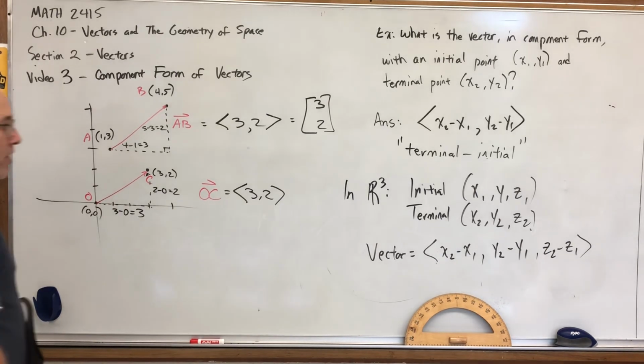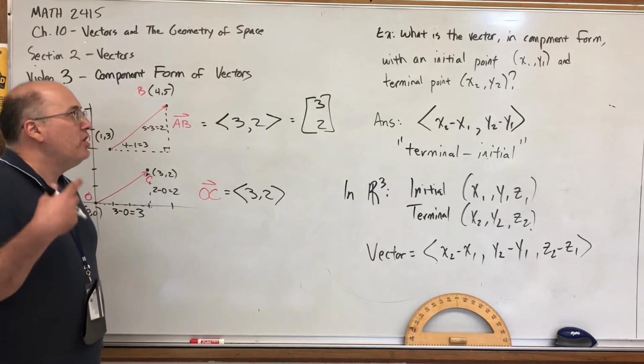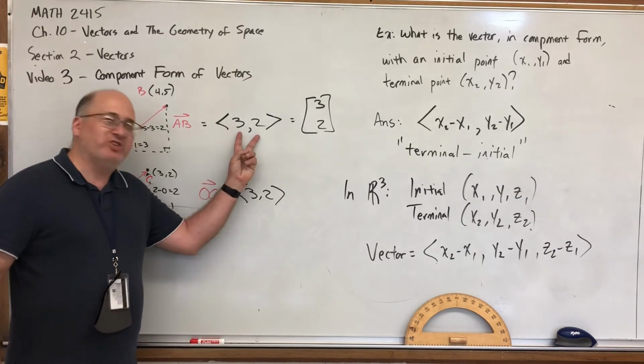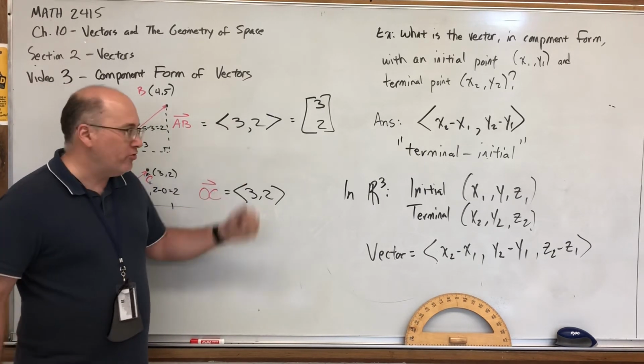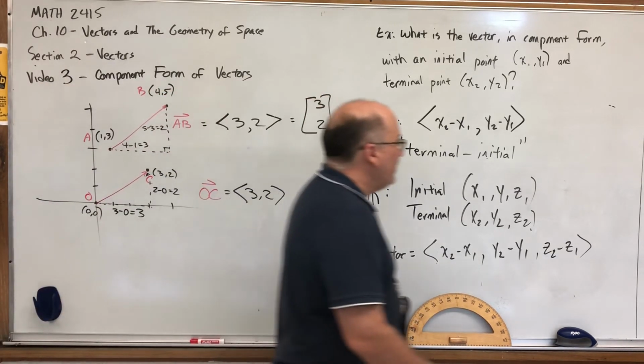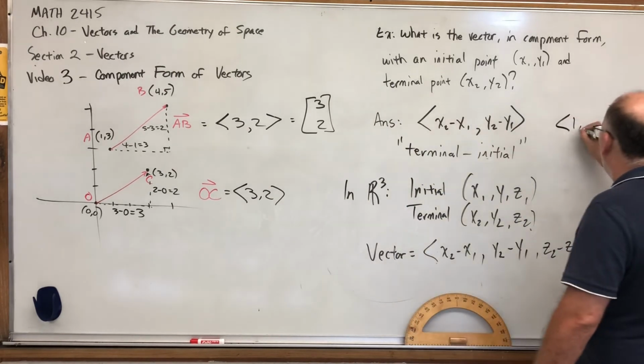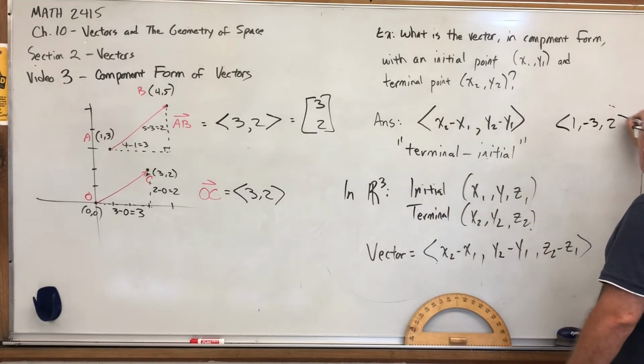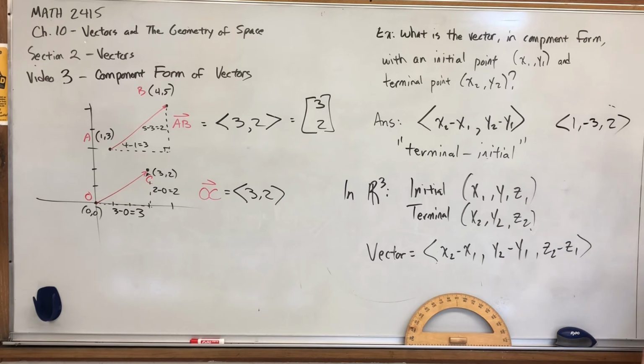Just remember that what each number in component form represents is a displacement in a certain direction. So for example, if we had the vector 1, -3, 2 in space, then this means wherever we start, we would go 1 in the x direction, -3 in the y direction, 2 in the z direction. That would be the terminal point, and when we connect them, that would be our vector.